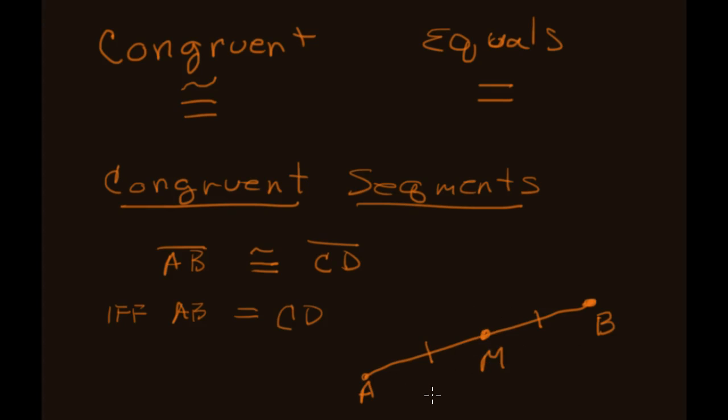So I can define the midpoint as the point that makes segment AM congruent to segment MB. So now I've just derived a definition for a midpoint from the definition of congruent segments, which uses the ruler postulate, and so forth and so on. So you can see we're building a system with a firm foundation here.